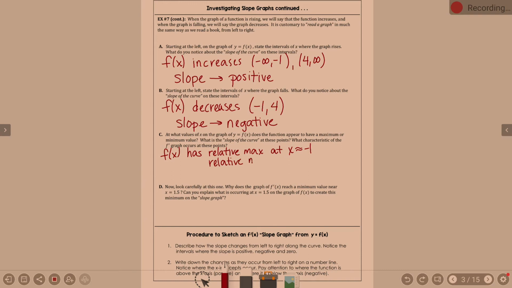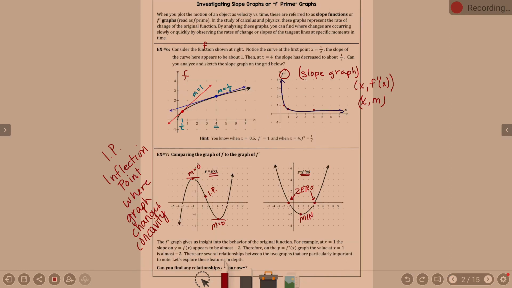And there's a relative min where? At x equals 4. What about the slope at these points? Min, max, the slope is always going to be 0, yes?